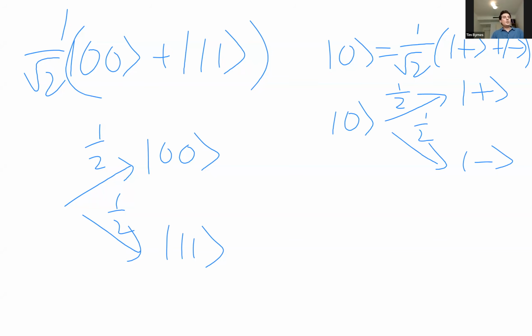And for the other starting state, if you start with 1, this will also become plus or minus with a probability of half.